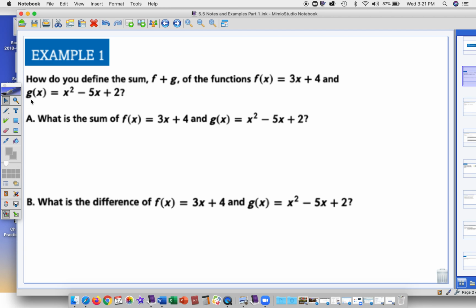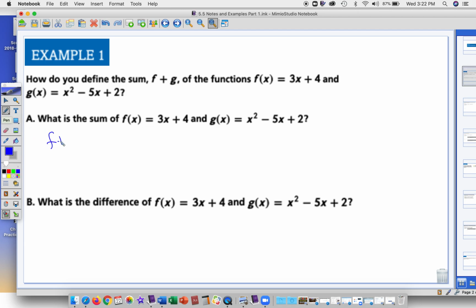G is the name of the function, and again, x is the variable used within the function. So I can refer to this whole thing as g of x, so I don't have to say every single term. It also helps us with how to write things out. It helps us with other notation. For instance, if I want to write the sum of f and g, I can write that in two ways.